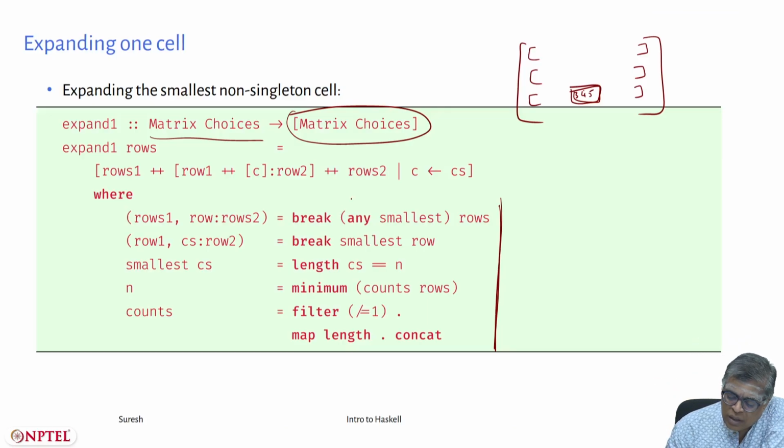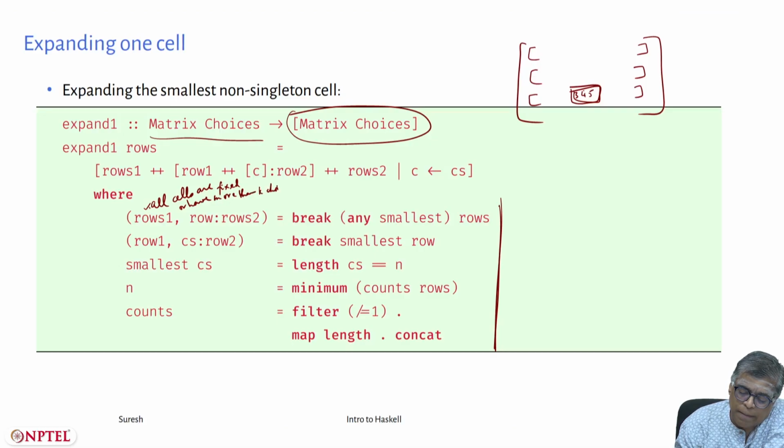So you break the list of rows into those rows where all the cells are either singleton or have more than the smallest number of entries, that is, all cells are fixed or have more than k choices. That is rows 1. Row is the first row where some cell has k choices.